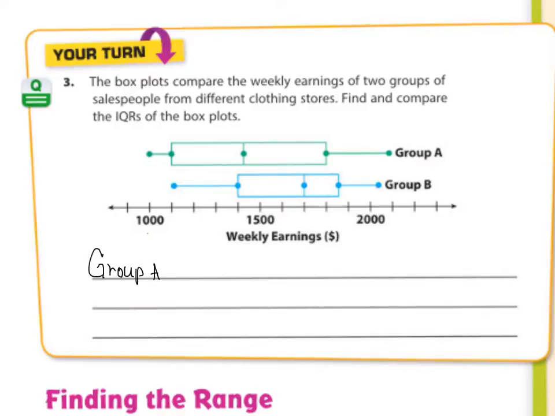Maybe this is 1,100, 200, 300, 400, and then 1,500, 600, 700, 800, 900, and then 2,000. So Group A goes from 1,100 all the way up to 1,800.